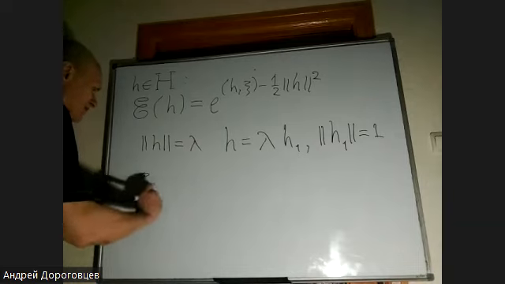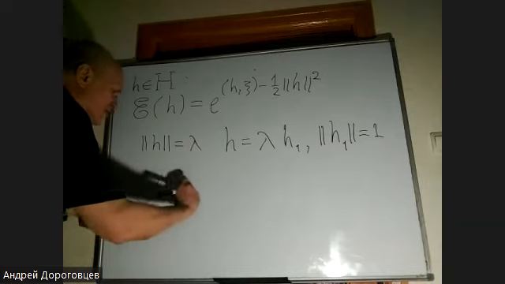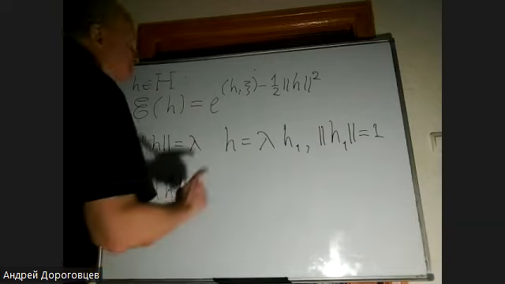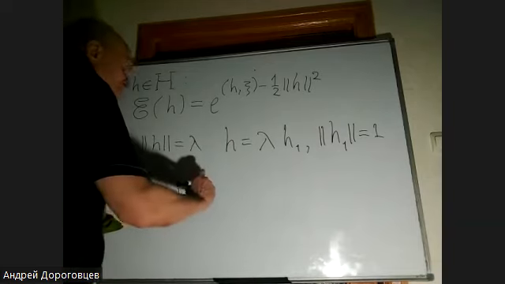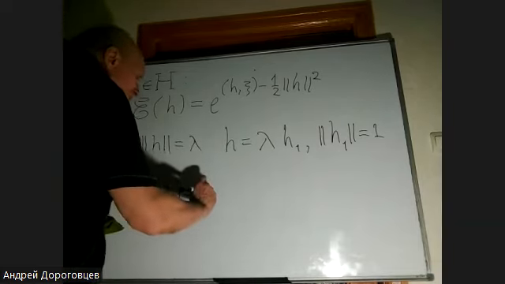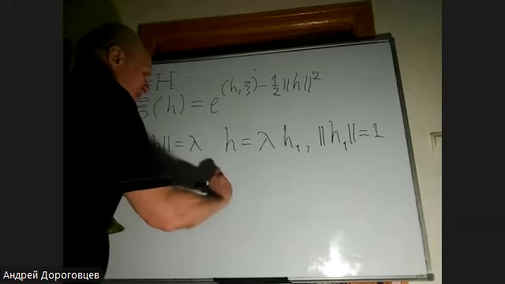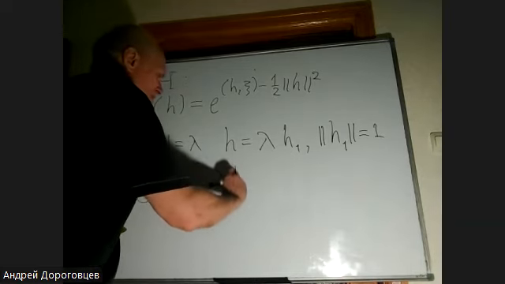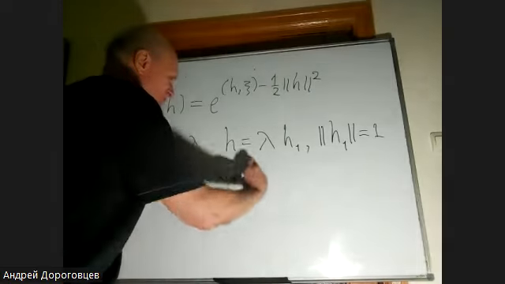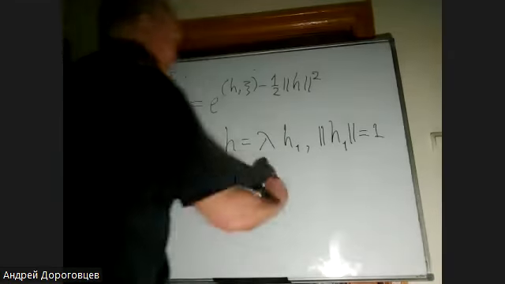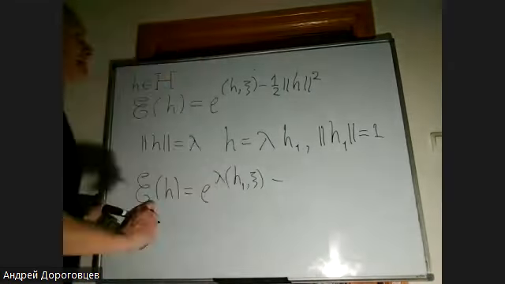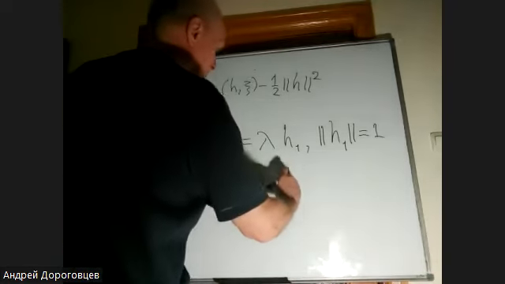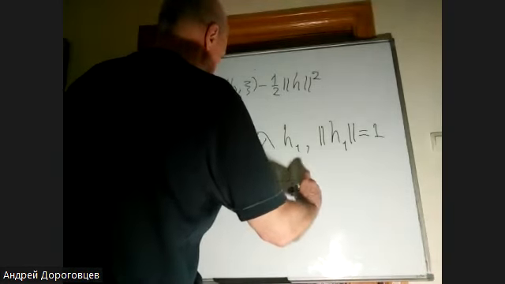E of h will be equal to exp of lambda h1 xi minus 1/2 of lambda squared.